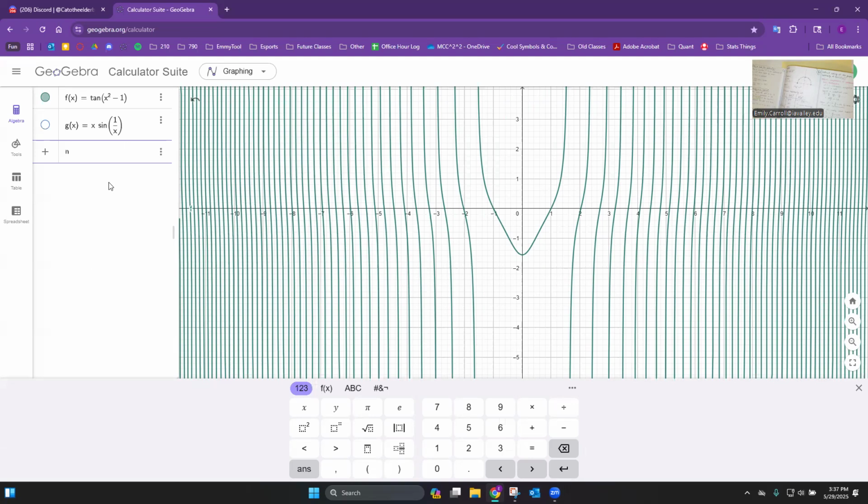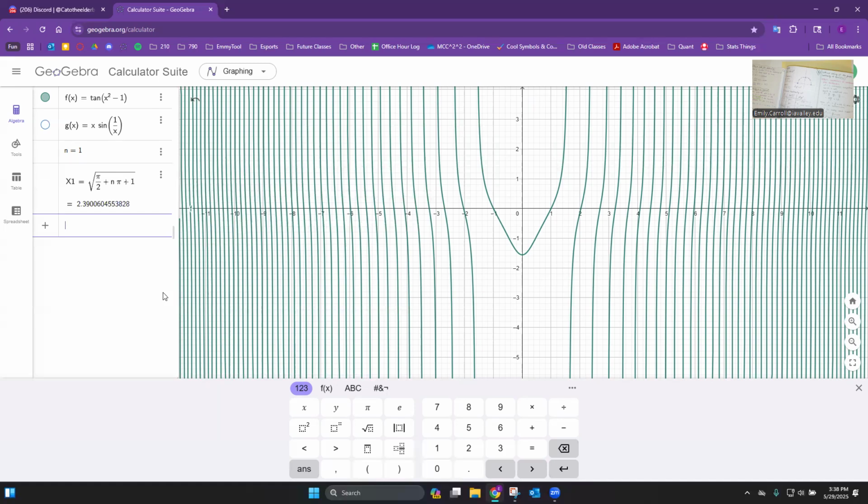I'm going to let n be some integer, and then I'm going to choose a value. Let's call this big X, and let's say x1 equals the positive square root of pi over 2 plus n times pi plus 1.